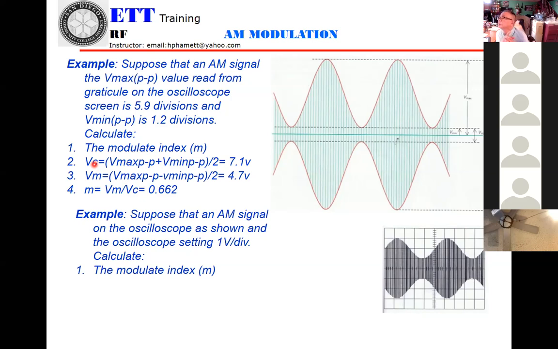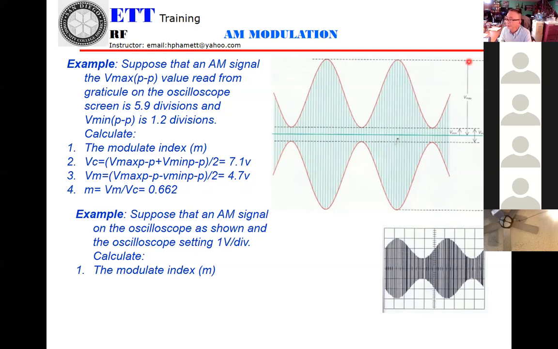Okay, if you divide 4.7 by 7.1, that is 0.6619. Okay, that's 0.662. Now, if you're looking at a picture, what they define as V max is from here to here, right?